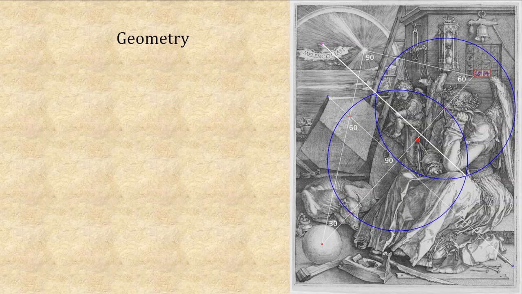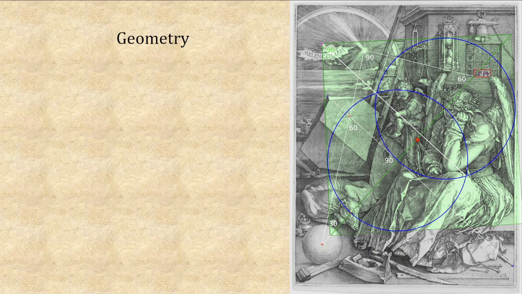Next, if lines are drawn from the bat's eye at tangents to the two circles, the angle between them is found to be 90 degrees. The interlocking circles are therefore contained in a square, one corner of which is located at the bat's eye, and whose diagonal runs from the bat's eye and bisects the vesica piscis where the circles join.